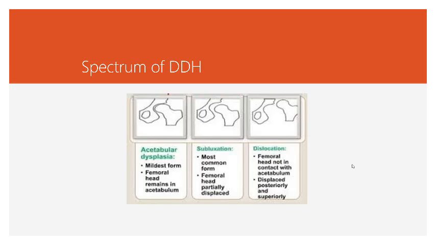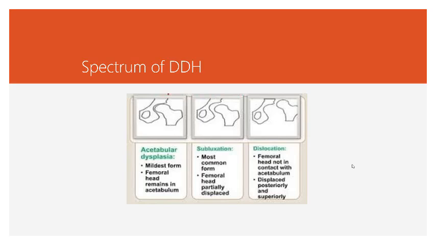So acetabular dysplasia, subluxation, dislocation, all these entities are included in DDH. So in a nutshell, DDH is a spectrum of disorders. It is a developmental deformity. It is not a congenital deformity.